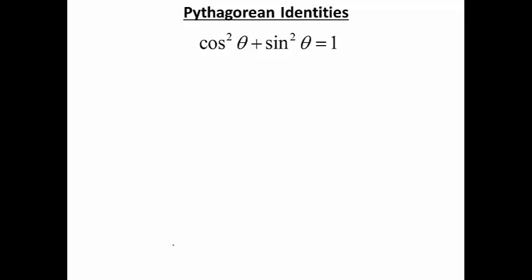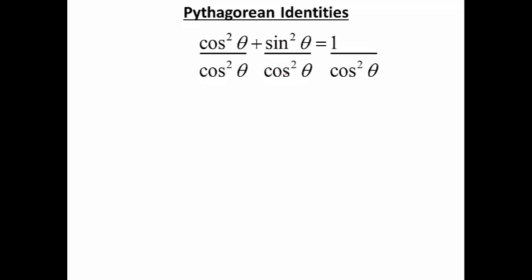Now, there are two more Pythagorean identities, but they're based on this one, by using reciprocal and quotient identities in combination with this one. For example, let's say I took all three of those terms and just for kicks, divided everything by cosine squared. What would that do? Well, cosine squared divided by cosine squared is, of course, 1.